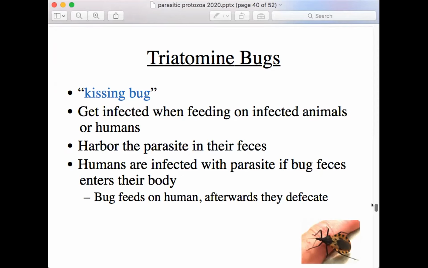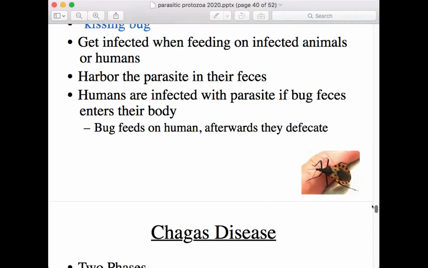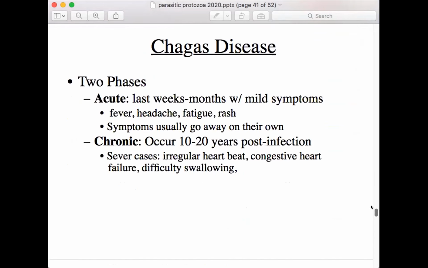When that bug bites you, it's going to defecate on your face, right? Somehow or another, the contents of the bug defecating will make its way to your mouth, and you can then become infected, all right? So the kissing bug is responsible for transmitting T. cruzi.